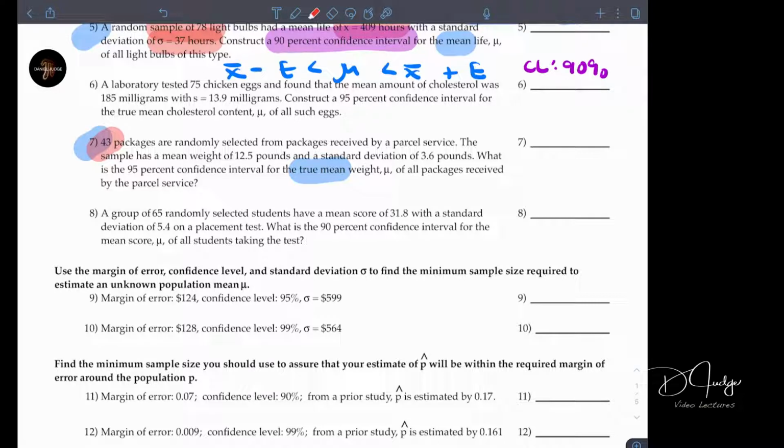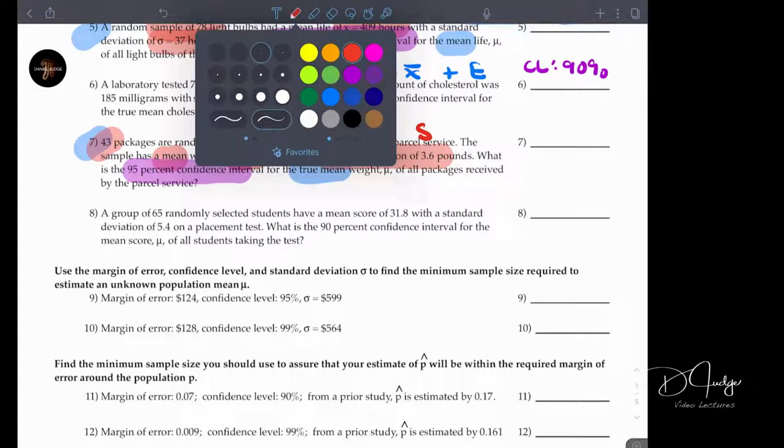The sample has a mean weight. So the mean weight right here, this is 12.5 pounds. That's a mean from a sample. So that's a sample mean, 12.5. And a sample standard deviation, 3.6. What is this is now the 95% confidence interval, which is meaning confidence level.